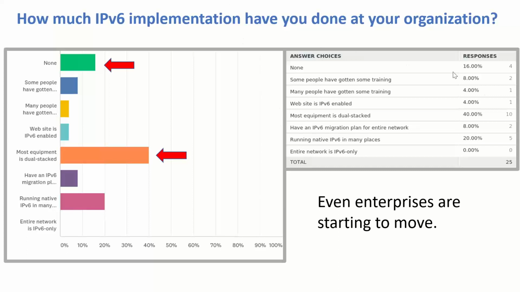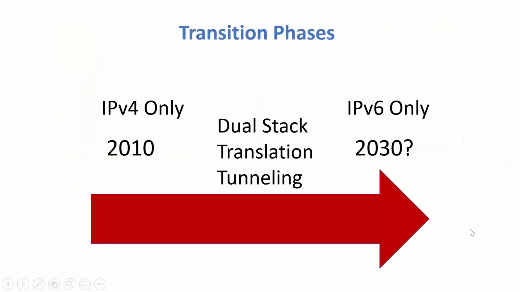But you can see even for enterprises that many people are getting to the point where most equipment is dual stacked. This is where some of the things that I'm going to talk about come into play, and definitely the things that Michael will talk about next week, which is the issues with dual stack, some of the new vulnerabilities, some of the complexities in managing that environment, and then what do you do with dual stacking?